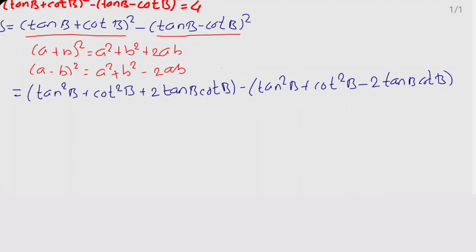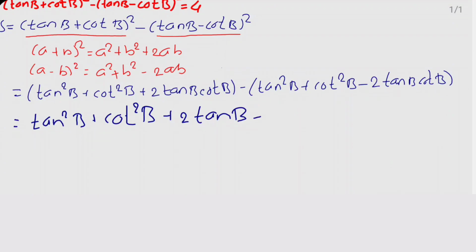So now here tan square b plus cot square b plus 2 tan b cot b as it is, and now this minus multiplies to this whole term. So here the plus becomes a minus and minus becomes a plus.